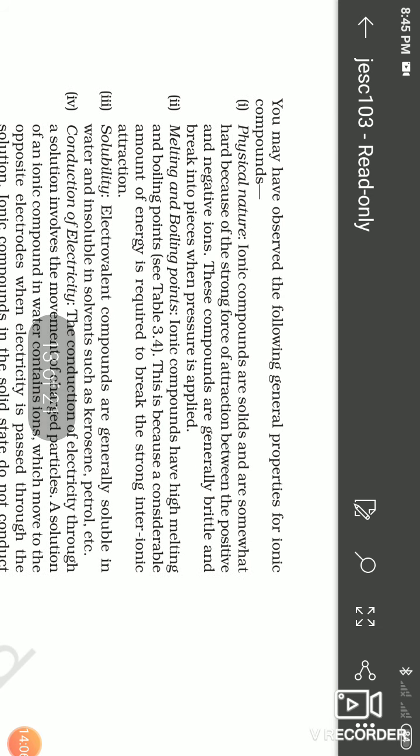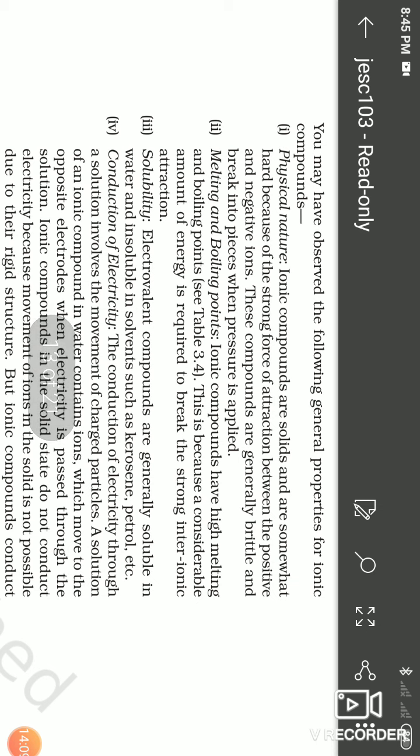You may have observed the following general properties for ionic compounds. You must observe the general properties of ionic compounds, and the most important are only four points: physical nature, melting and boiling point, solubility, and conduction of electricity. Those are the most important points regarding the study.